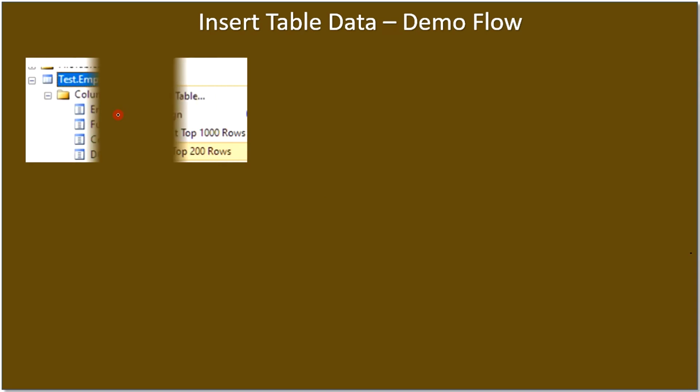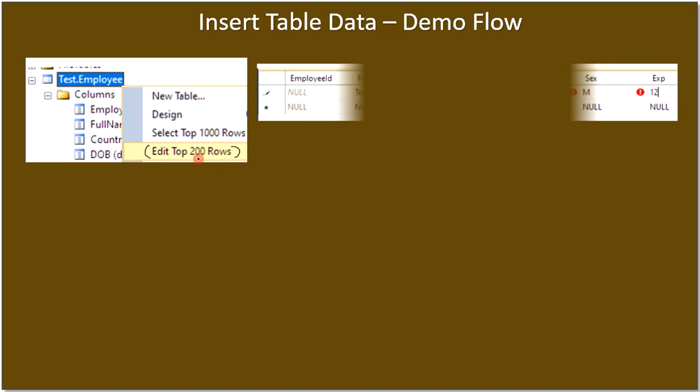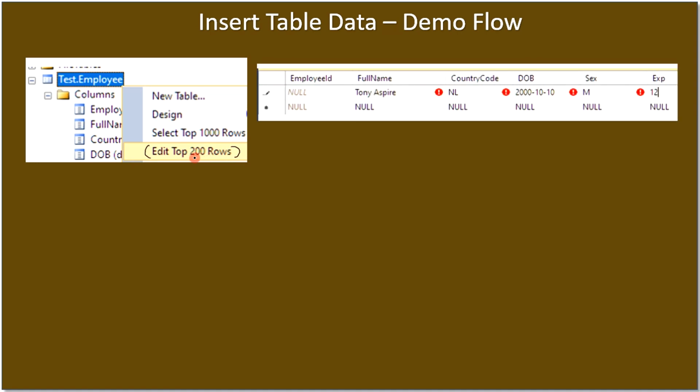Now let's look at the demo flow. Here, we have the test employee table. We can invoke Edit Top 200 Rows, which is an option SQL Server provides. Using SQL Server Management Studio itself, we can type the data and insert the rows.